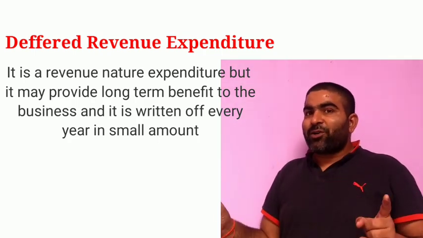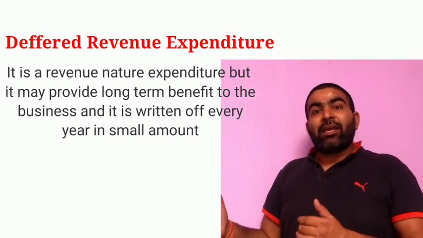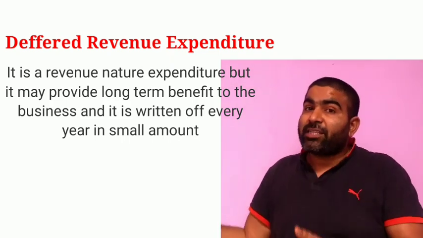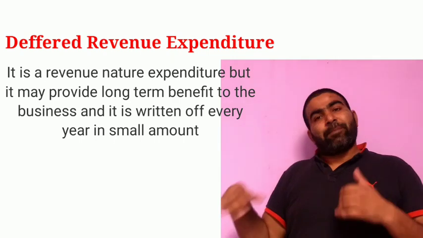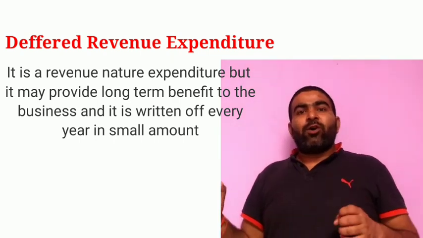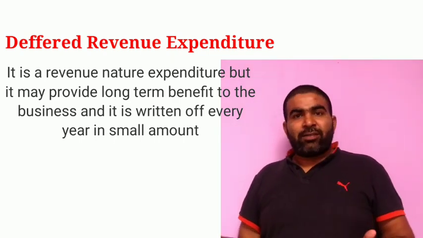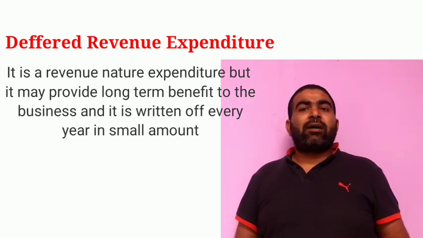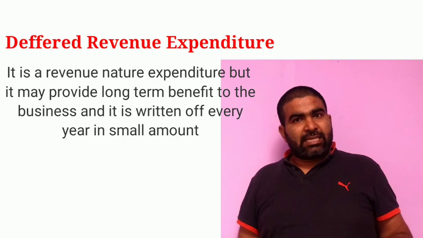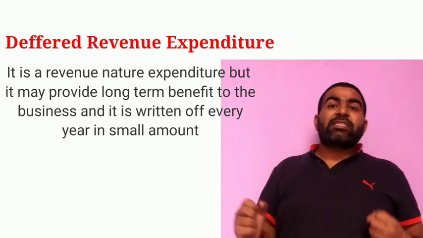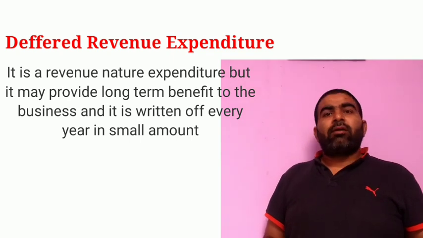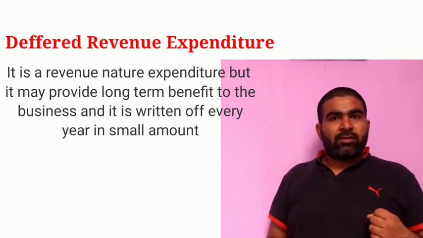It is not sure that it will give you long-term benefit in future, but it may. So it may or may not. That's why this type of expenditure is always treated as a fictitious asset. Examples are advertisement expense and preliminary expenses.